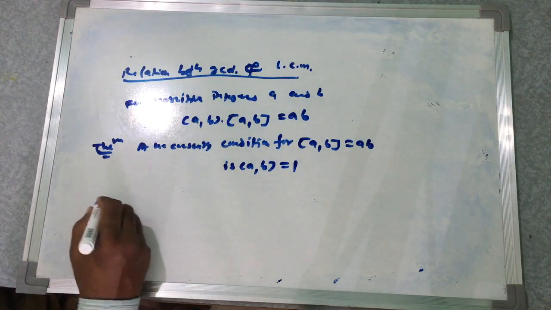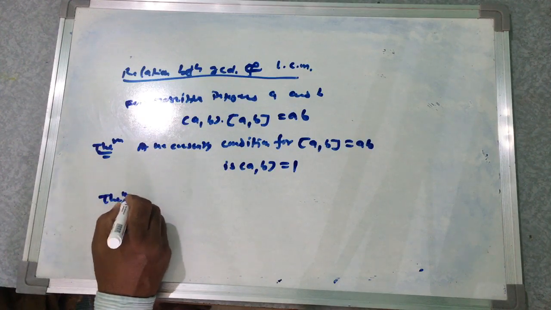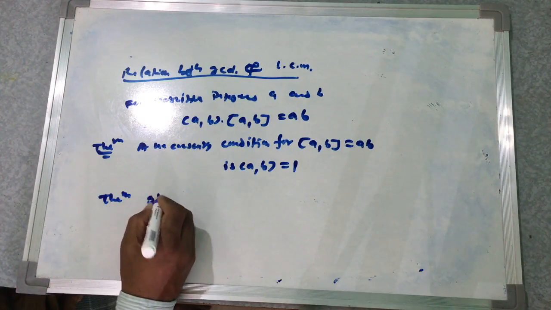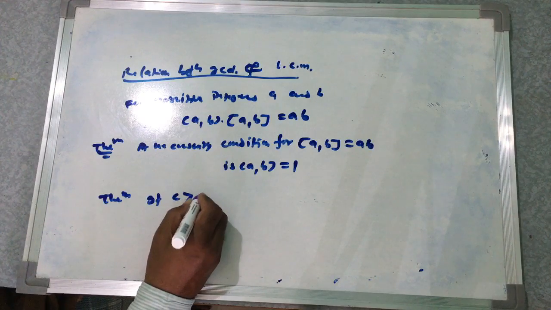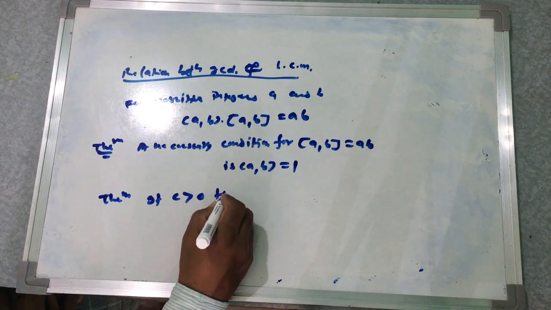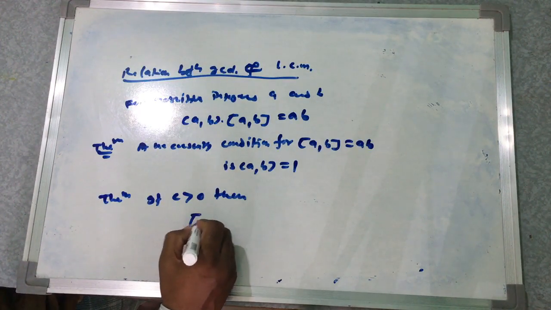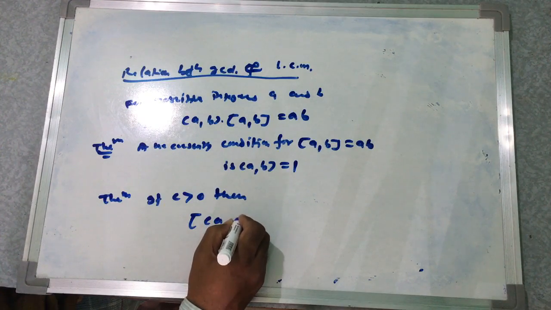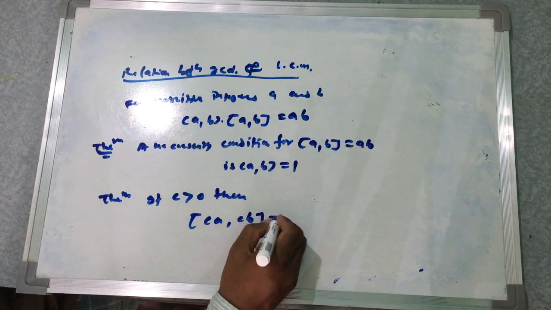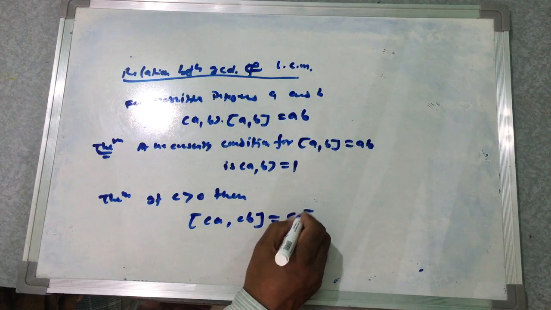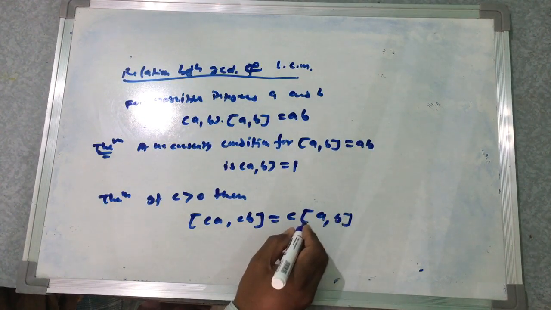Then theorem: if c is greater than 0, then [ca, cb] equals c, common among them, [a, b].